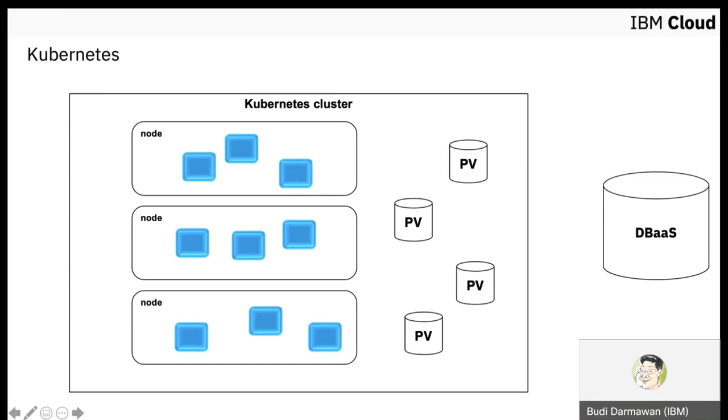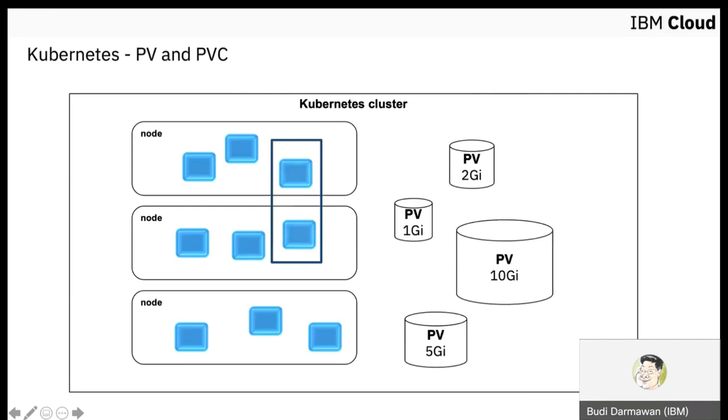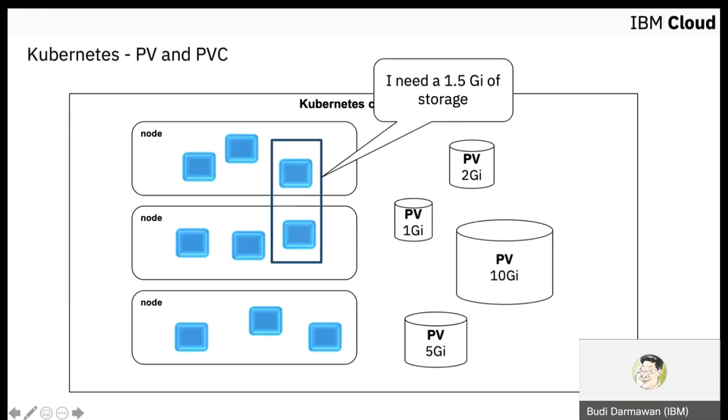Now, for example, you have different persistent storage in the cluster with different sizes, like 1, 2, 5, and 10 gig, right? And then you have a deployment that needs 1.5 gig of storage. Then what happens is the deployment will request a claim, and it will be matched by the system to the closest size, closest access mode and closest specification.